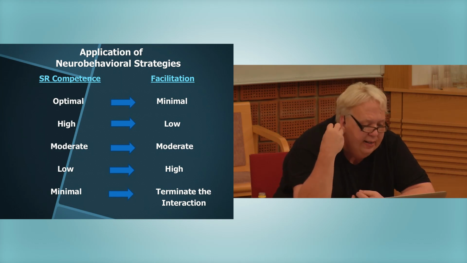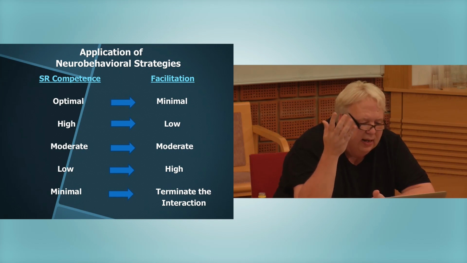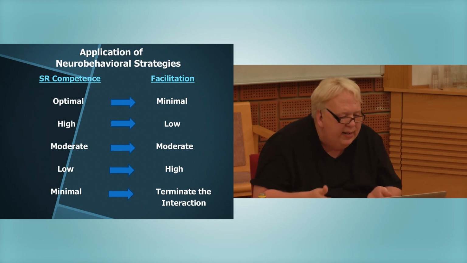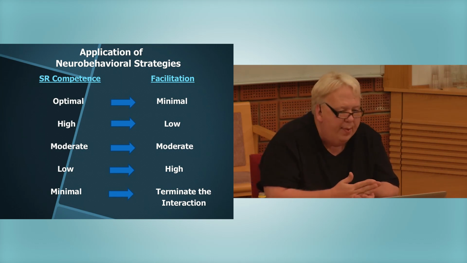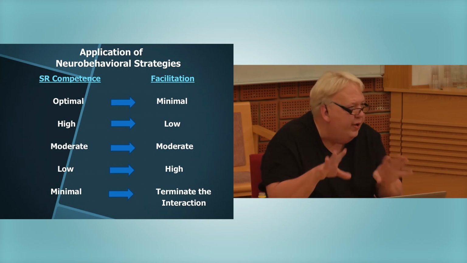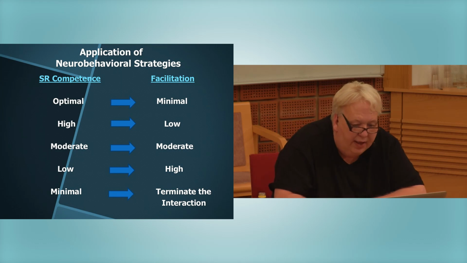And if the infant has a minimal bit of self-regulatory competence and is starting to disorganize, you stop your interaction with that baby and look at what you need to best support them, because whatever you're doing, you've disorganized them, and they're not going to learn from that experience.